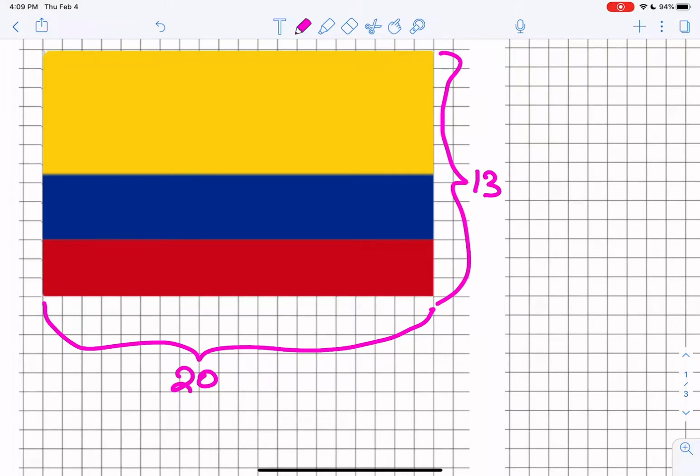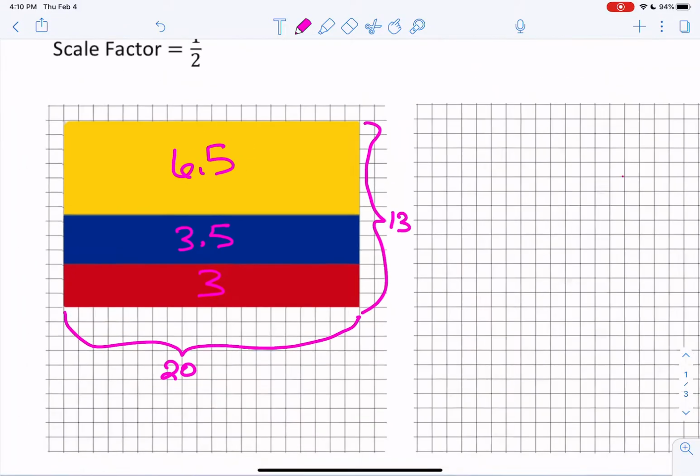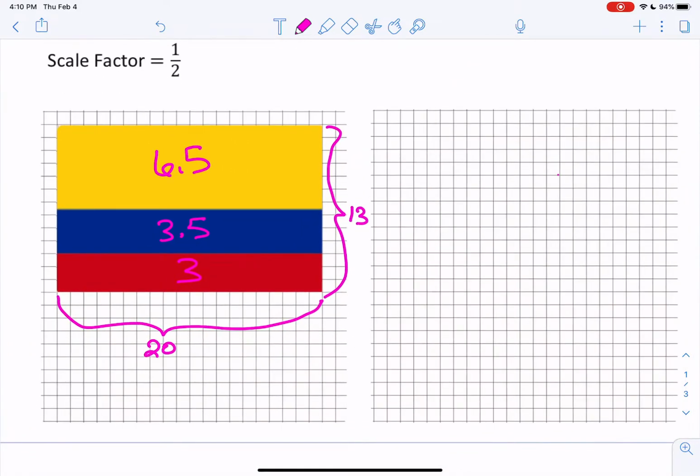The height of our yellow part is now 6.5. The blue is 3.5. And the red is 3. Okay. Now we're ready to make our new flag.